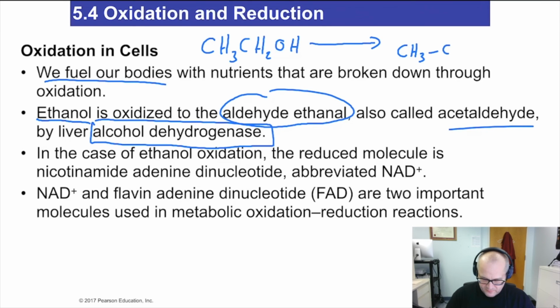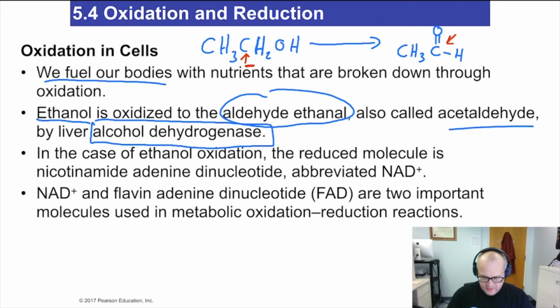Let me do that differently. There we go. So take a look at this carbon right there. The carbons with the red arrows pointing at them are the same carbons, okay? Now, I think everyone will agree this carbon over here has 2 hydrogens bonded to it.